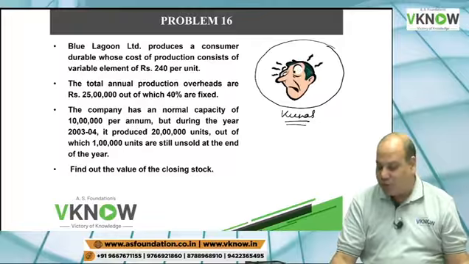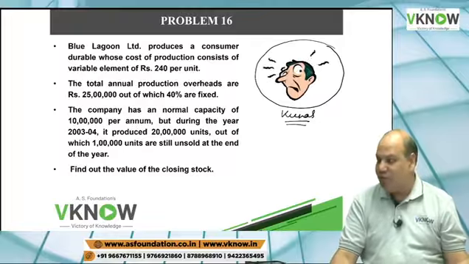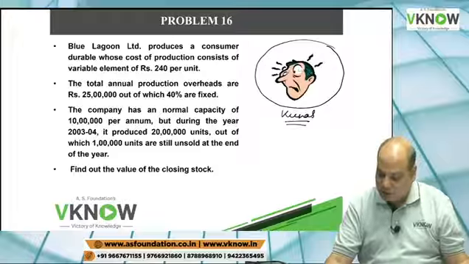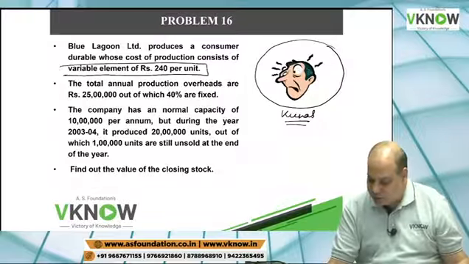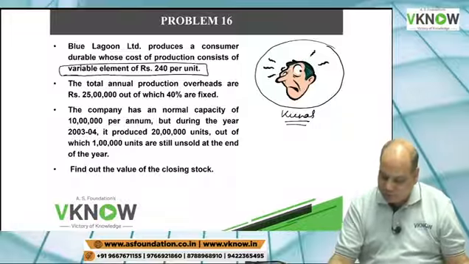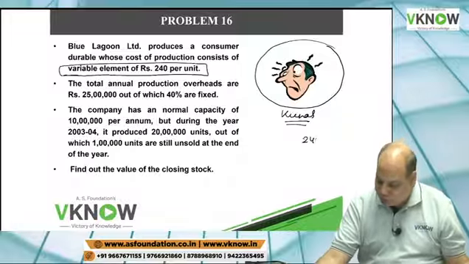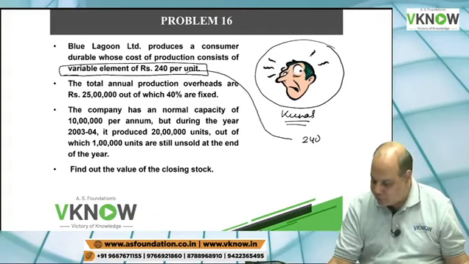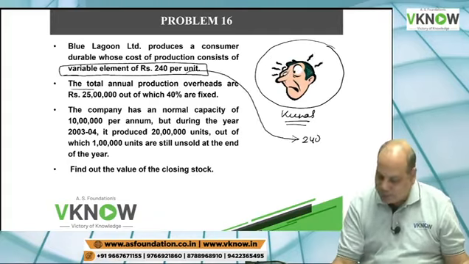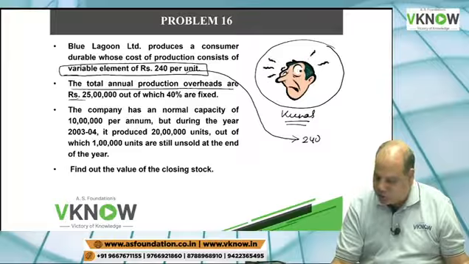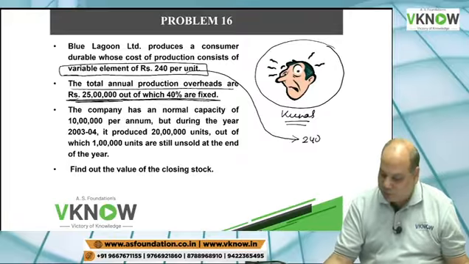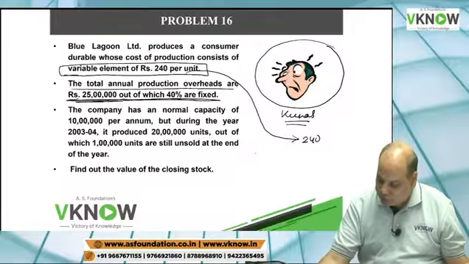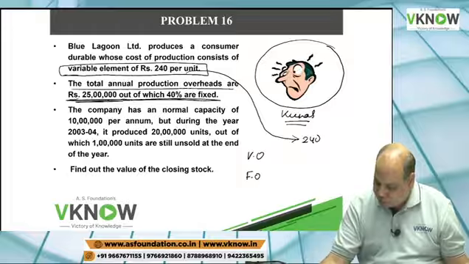Blue Lagoon Limited produces a consumer durable whose cost of production consists of all variable element 240 per unit. So 240 is this cost. The total annual production overheads are 25 lakh, out of which 40% are fixed. So it means I have to add variable overhead and fixed overhead.